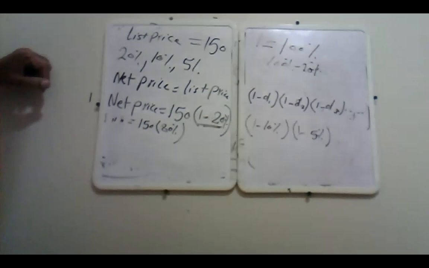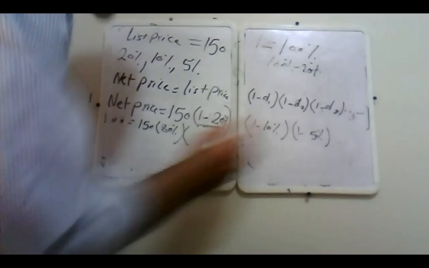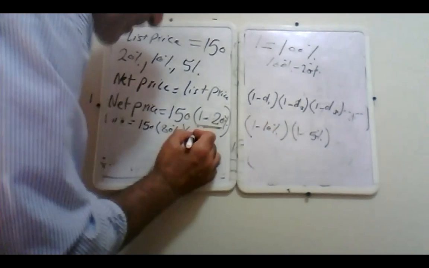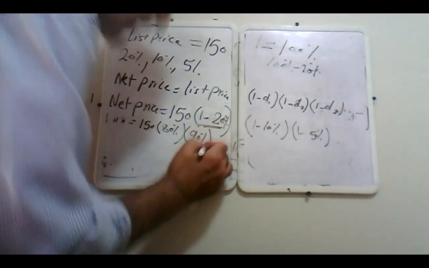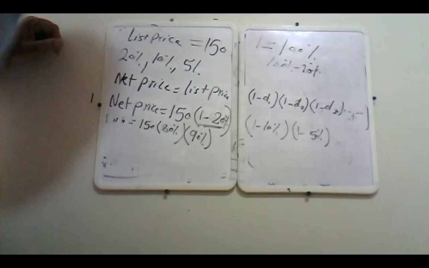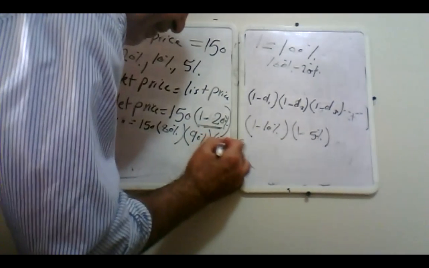The second one is 1 minus 10%, the same thing, it will be 90%. And the third one, 1 minus 5%, will be 95%.